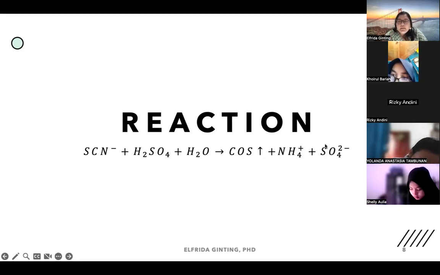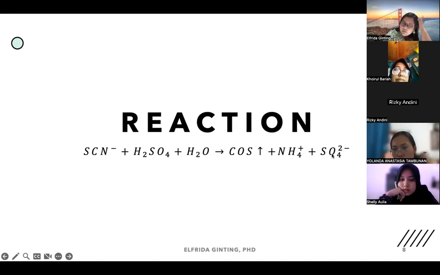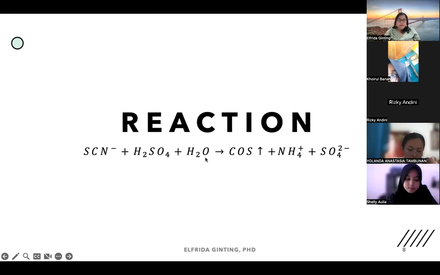And then you can see here ammonium, NH4 plus, and then sulfate anion is forming due to this reaction. Okay. It's good for you guys to write down the reaction and try to understand what is happening for this testing of thiocyanate anion.